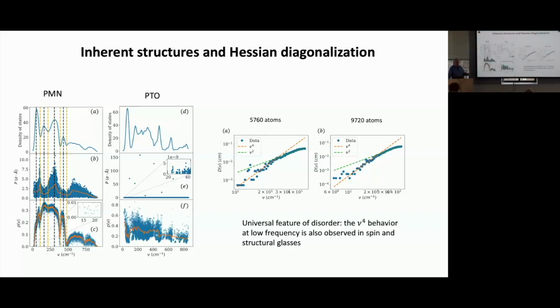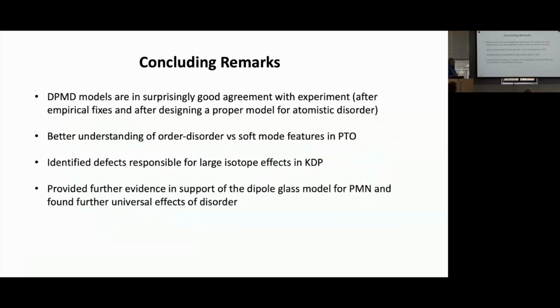In the structural glass models, there is indication that the localization is not exponential, but has a polynomial dependence, but they could study systems with up to 1 million atoms and more, and here we cannot describe that, but definitely this omega to the 4 is something that we get. So with that, I want to go to the conclusion.